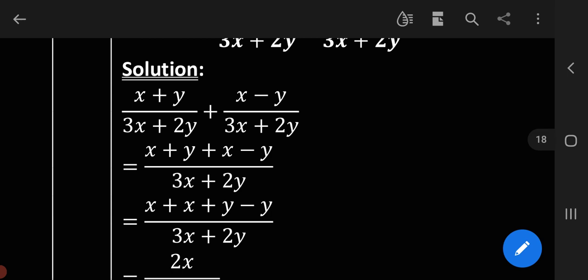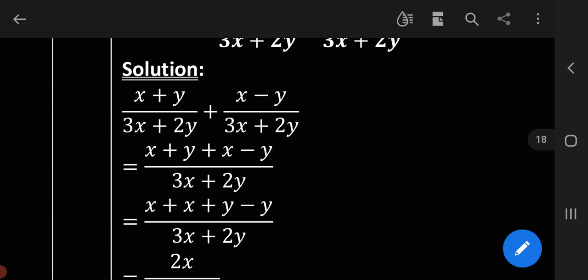Since both of them are the same, when we take the LCM of these two, just take the common factor. Only one common factor should be taken, 3x plus 2y. Then draw a line on top of the 3x plus 2y.